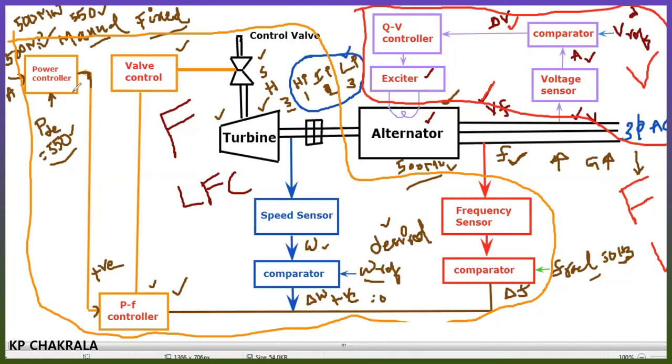So irrespective of any other conditions in the system, if you want to generate a fixed amount of power, then you can use this manual control operation, so that you can get the required output of the alternator, which is a fixed one and will not change at all. So it is a manual control operation, and there is the load frequency control consisting of the speed sensor and frequency sensor and all this, and that is another one.